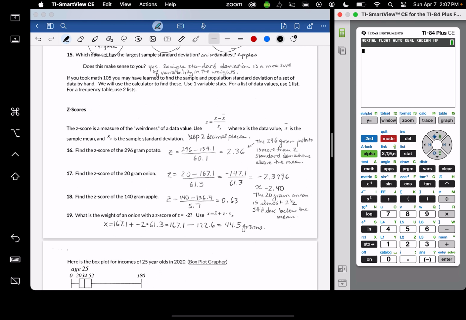I didn't write this anywhere, but basically the z-scores go from -3, -2, -1. 0 means you're exactly average. And then 1, 2, 3. So 3 would be you're way above average.